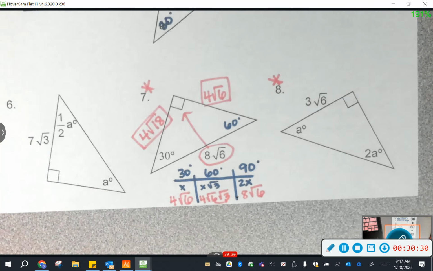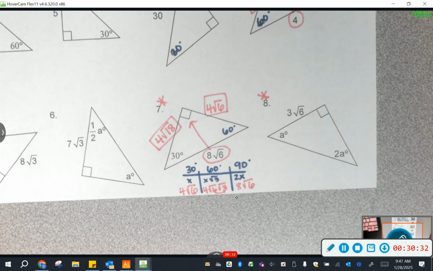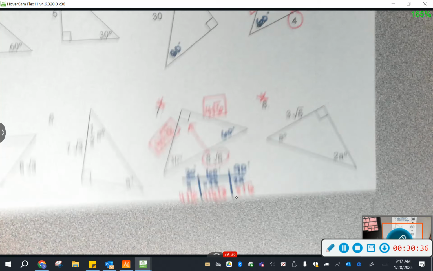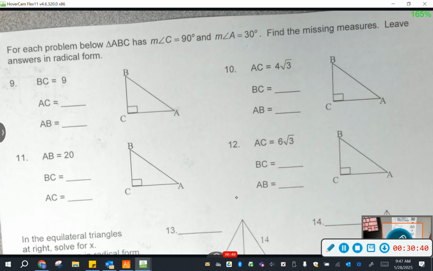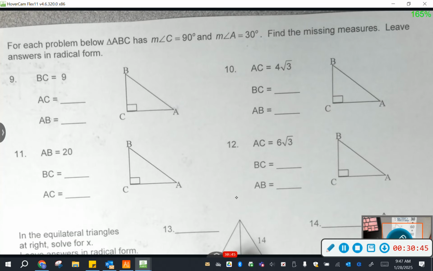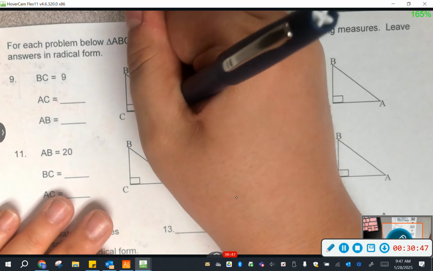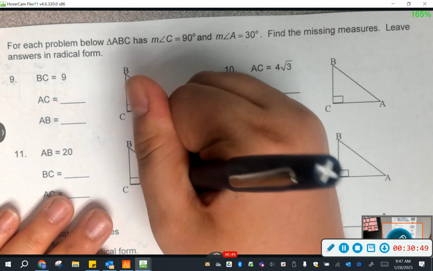All right? Everybody turn over to the back, please. On the back, you have to read the top. What does it tell you is the 30 degrees? A. So can everybody write 30 degrees on all of the A's?